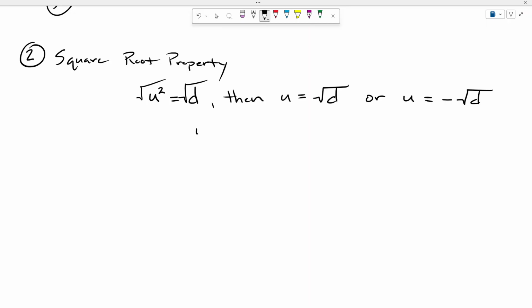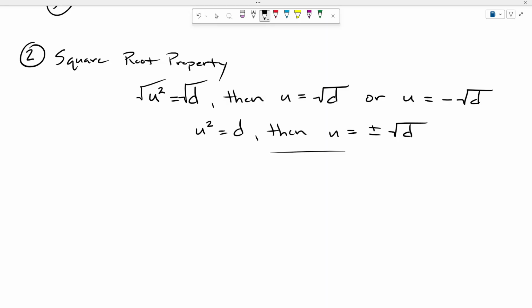All right, so written slightly more simply, if we have something in the form of u squared equals d, then u is equal to plus or minus the square root of d. All right, so this is what our square root property is telling us.